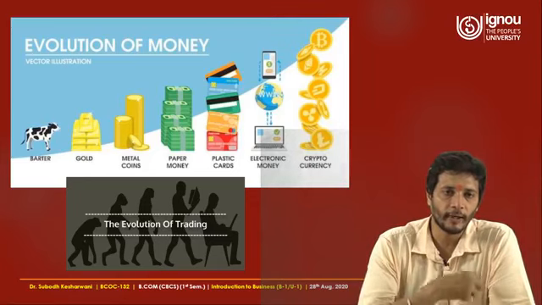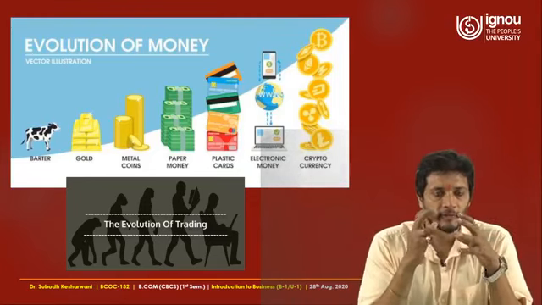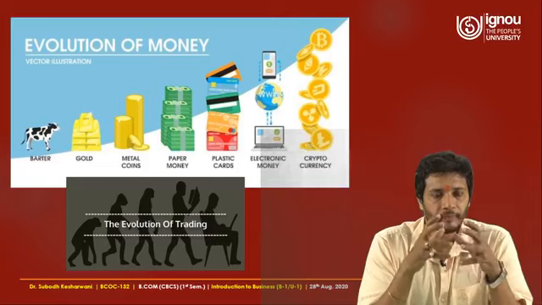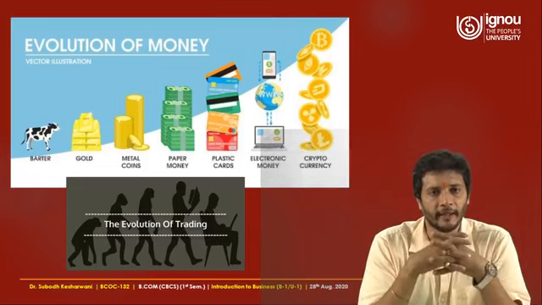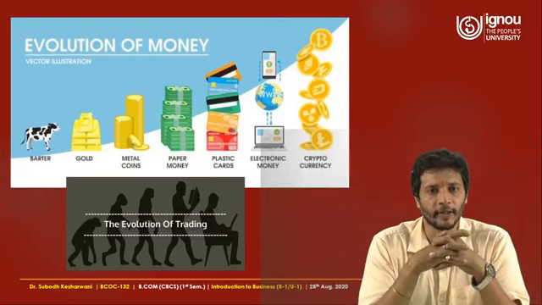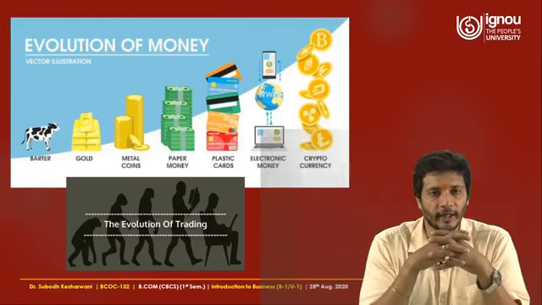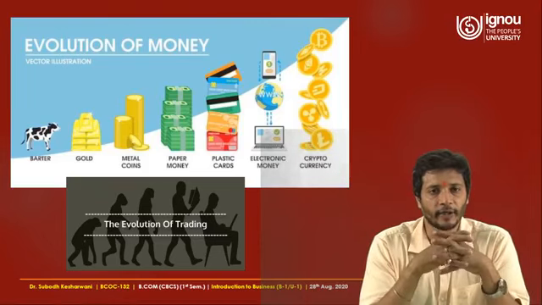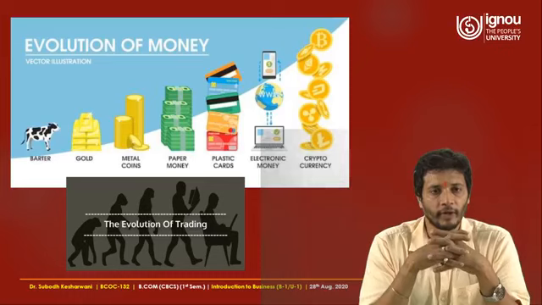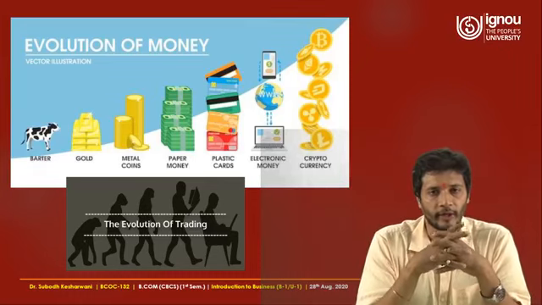Afterwards, metal coins came into the picture, and from there currency was introduced, and then paper money, and in the present scenario plastic cards, and then electronic money like wallets. And in the coming years, all those things are going to be replaced by cryptocurrency, which we usually call Ethereum, Bitcoin, or other things.